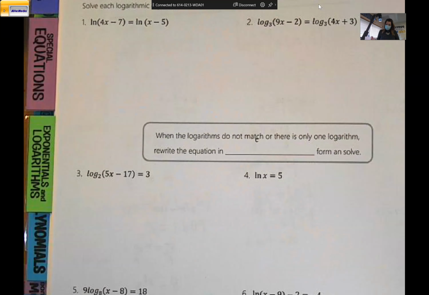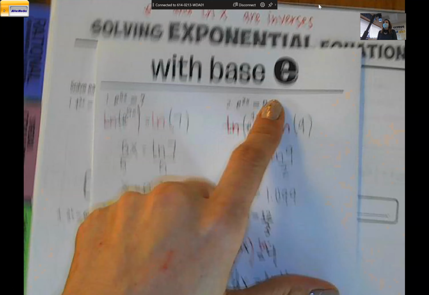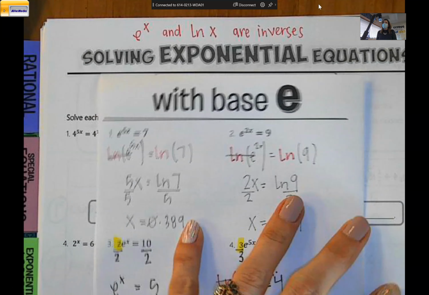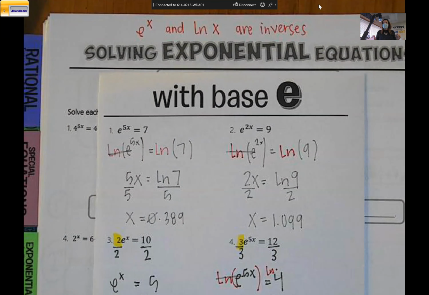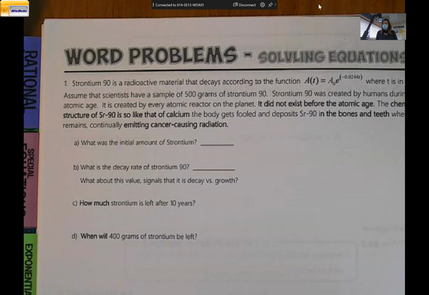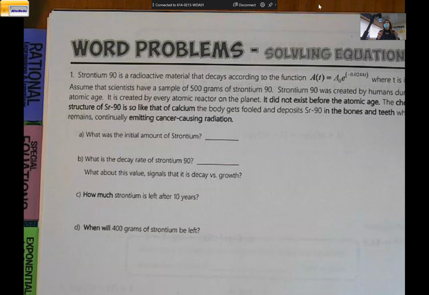Okay, last time we did solving equations with base E, and I gave you a different piece of paper so that our equations were applicable to what we needed them for. And what we needed them for was today's lesson, on page 92, solving word problems that involve natural growth and decay.